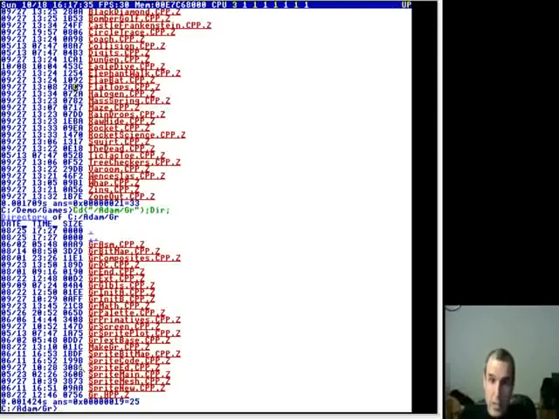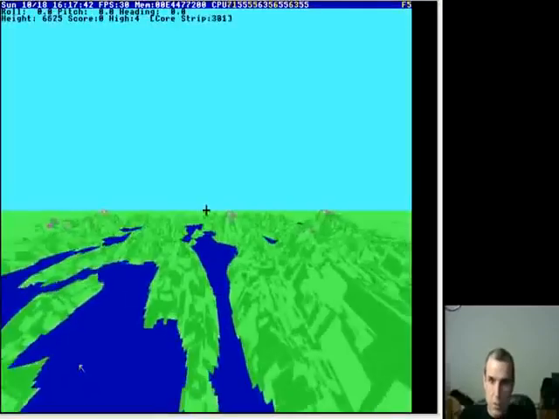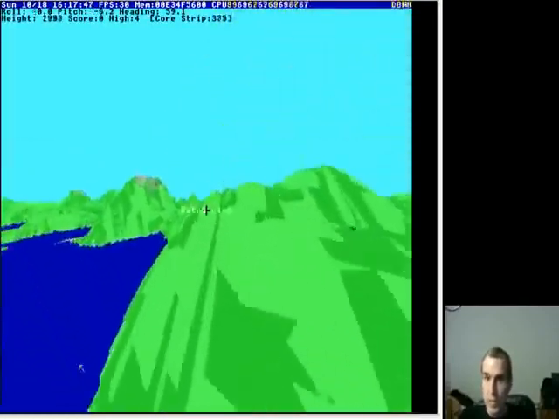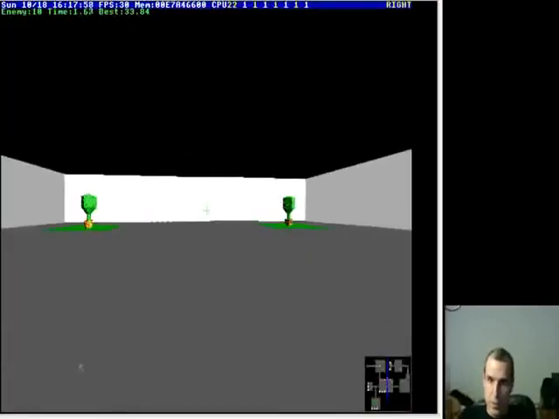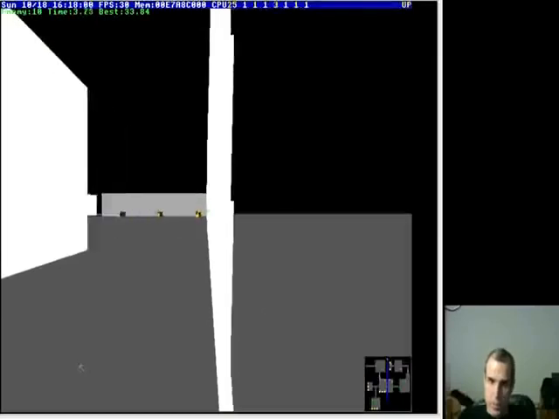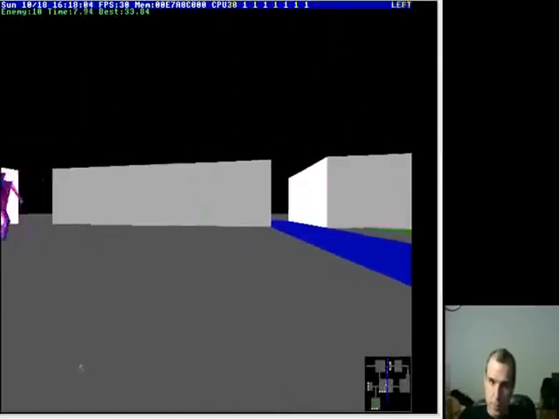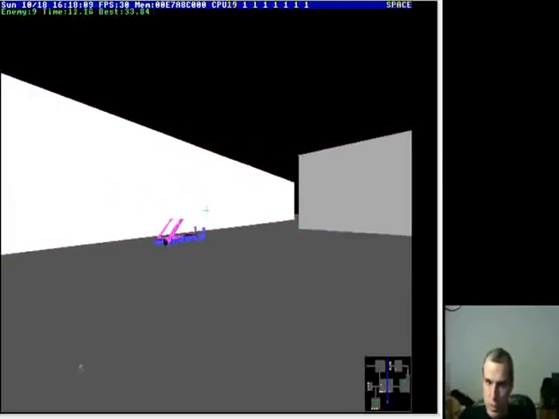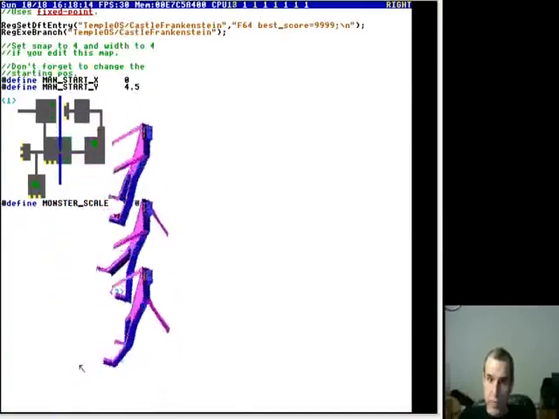So, where were we? I did a flight simulator. That's what this is. 8-core flight simulator. I did a first-person shooter. This only uses one core. These are binary scalable vector graphics.